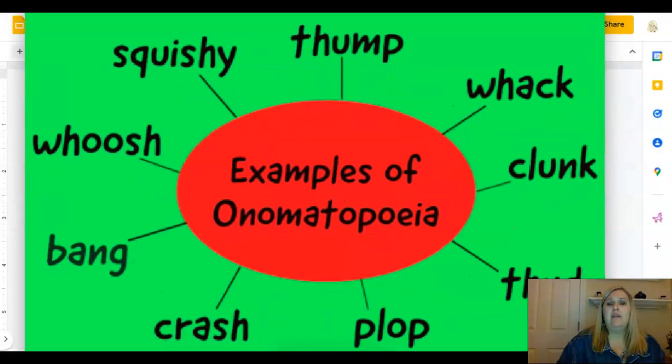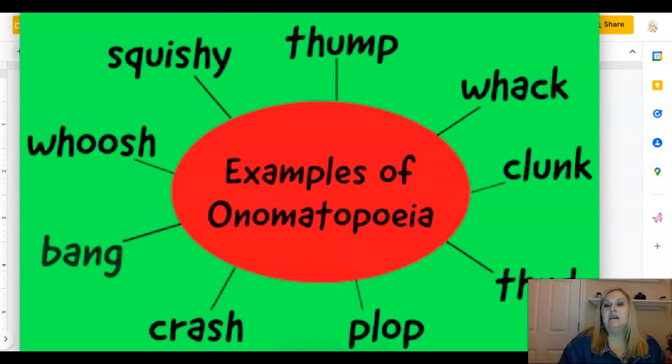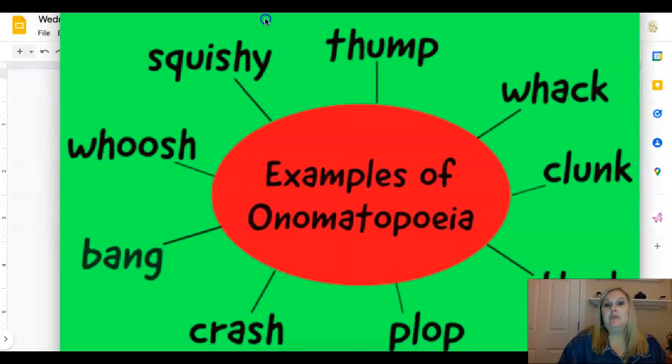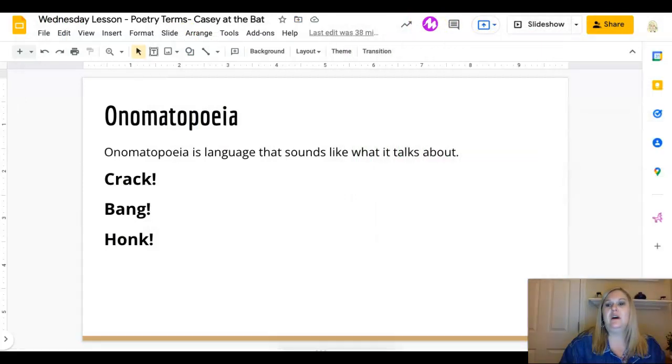You also have other examples like squishy, thump, whack, clunk, thud, plop, crash, bang, whoosh. Those are words that are spelled like they sound, so when you say them, it sounds like the actual sound. That's called onomatopoeia, and that's another thing that authors and poets like to do in their writing.